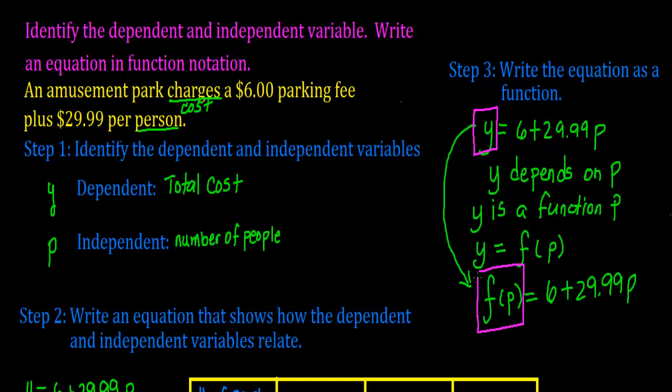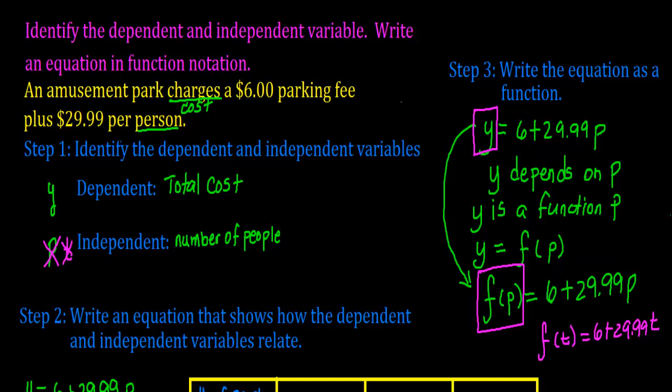That's all we did. We substituted the writing, okay? Now, let's say I didn't use p as my variable. Let's say I used t. Then this would be f of t equals 6 plus 29.99t.